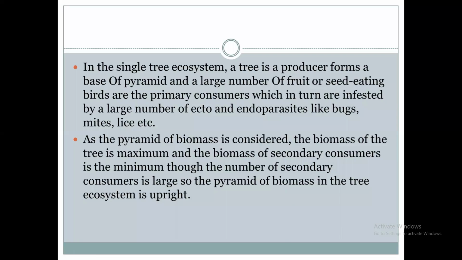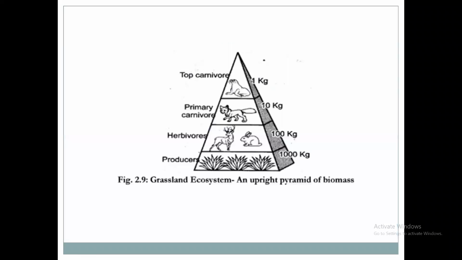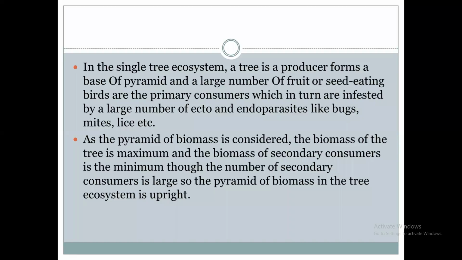In a single tree ecosystem, the tree is the producer and forms the base of the pyramid, and a large number of fruit or seed-eating birds are the primary consumers. So biomass is maximum at the bottom and minimum at the top.